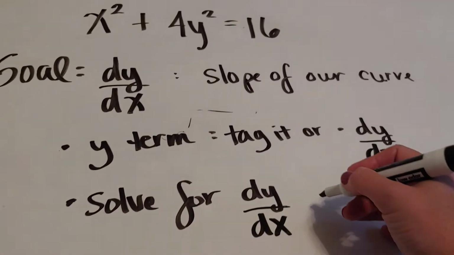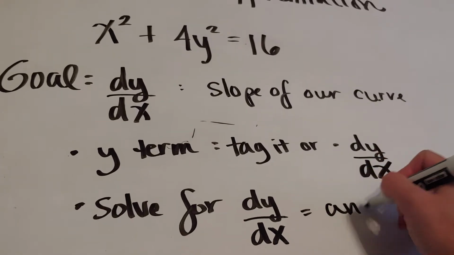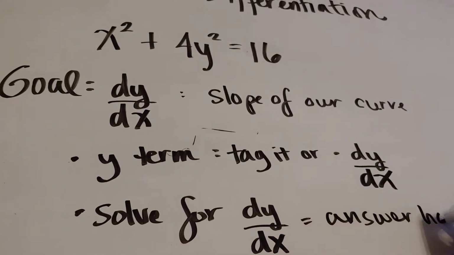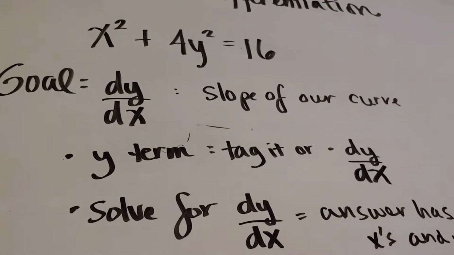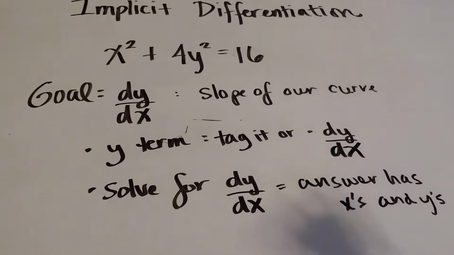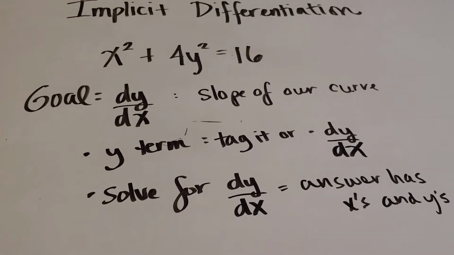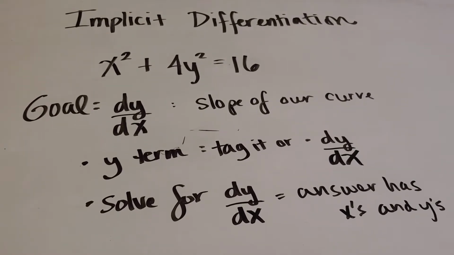And my answer will usually have x's and y's. So we're going to go ahead and find the derivative of this ellipse and see how it goes, and then I'll have a couple more videos of crazier curves.